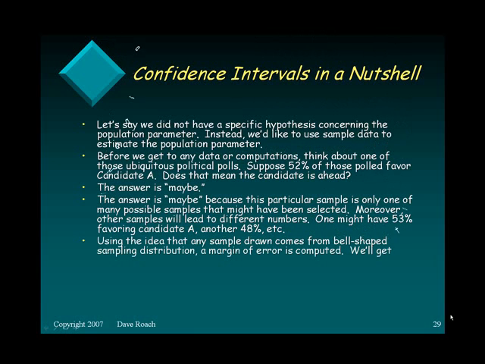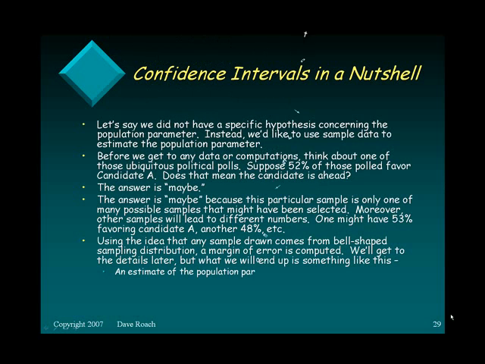So what we're going to do is we're going to use the fact that the sample that we drew, or the statistic we computed, comes from a bell-shaped sampling distribution. Using that idea, we can compute a margin of error. Again, we'll get to the computations later, but we're going to end up with something like this. We'll have an estimate of the population parameter, and it's going to be the statistic plus or minus the margin of error.